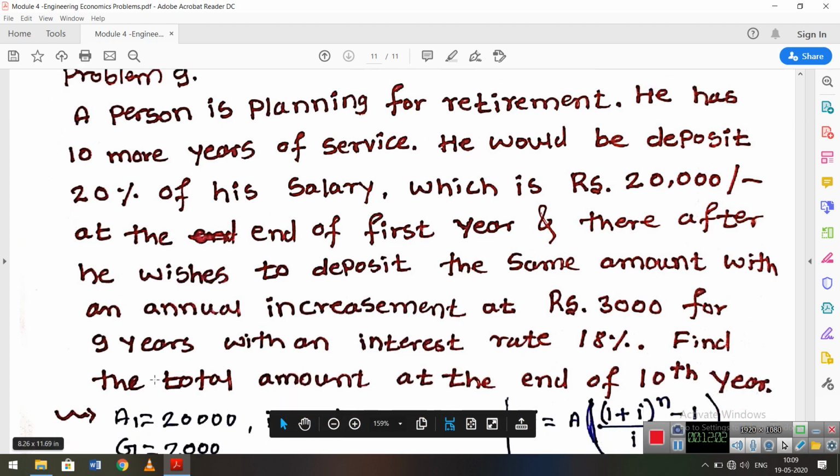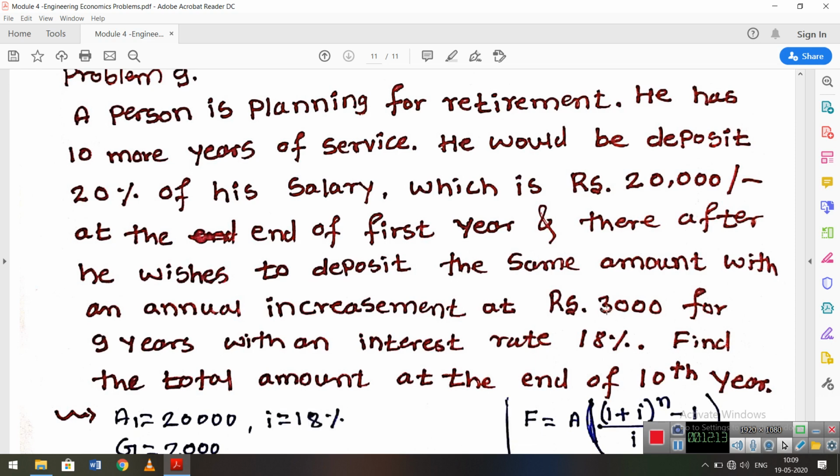Find the total amount at the end of the 10th year. They are asking how much the amount will be at the end of the 10th year, and he pays an additional 3,000 every year.